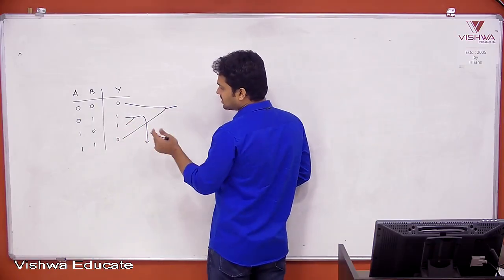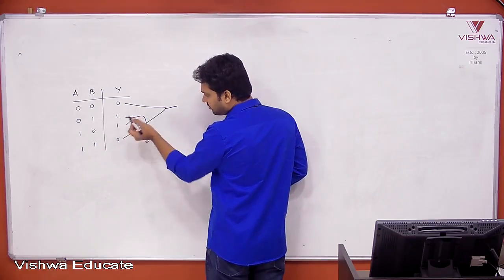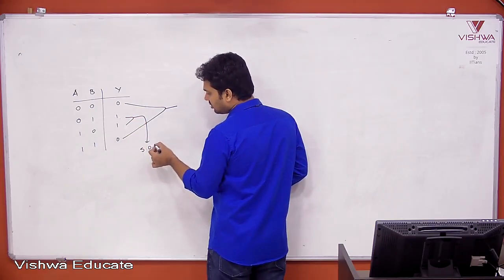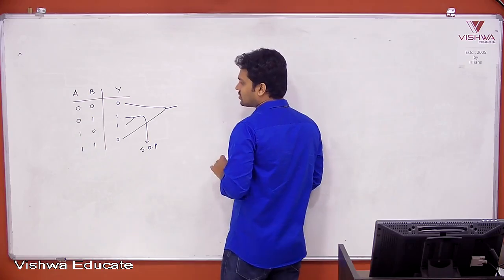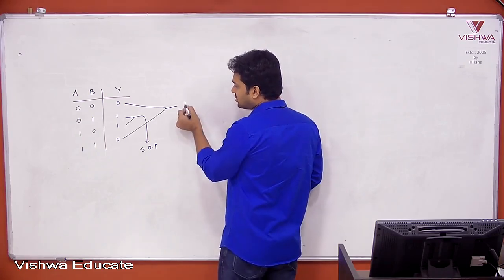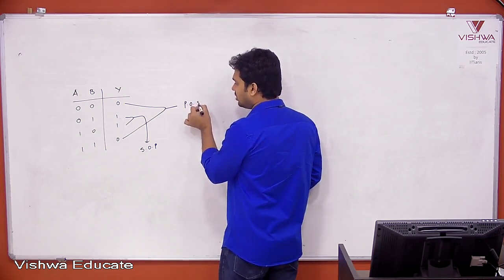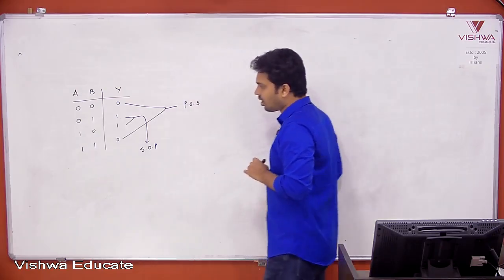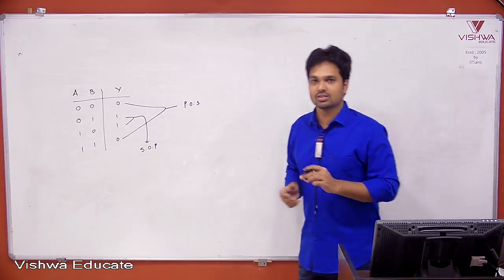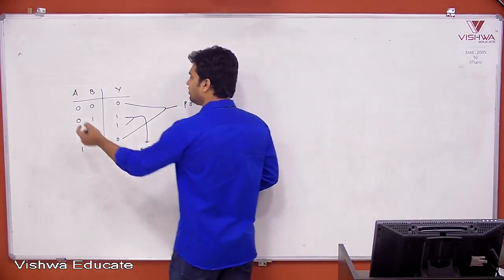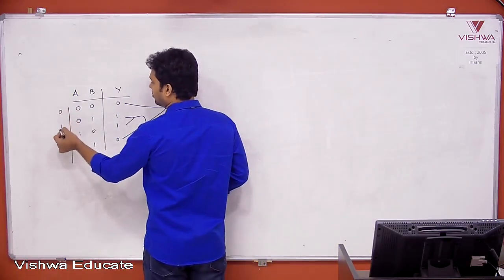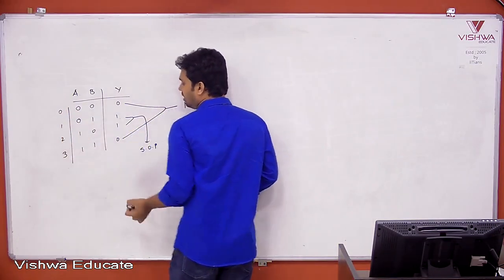If you are specifying your function with the help of ones, then it is called SOP. If you are specifying your function with the help of zeros, it is called POS. How to specify with the help of ones? Simple logic. Give numbering here 0, 1, 2, 3.